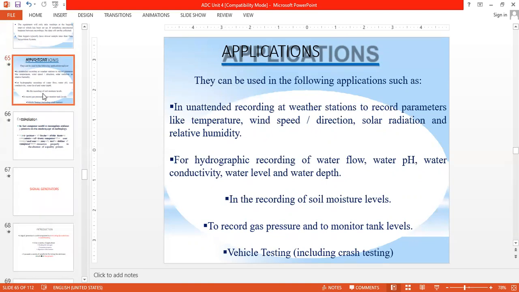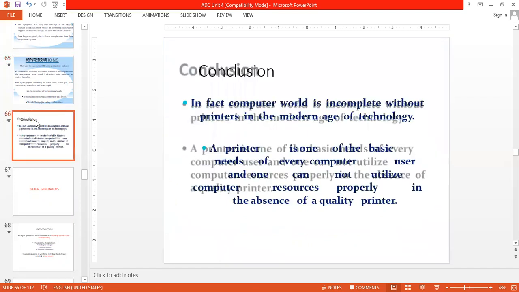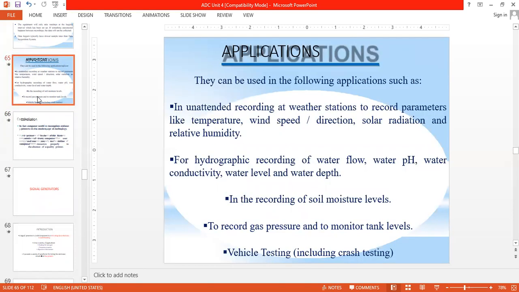In the recording of soil moisture levels, to record gas pressure, and to monitor tank levels, vehicle testing, and so on. Okay, so these are the different data loggers and the different recording devices we use in day-to-day life.